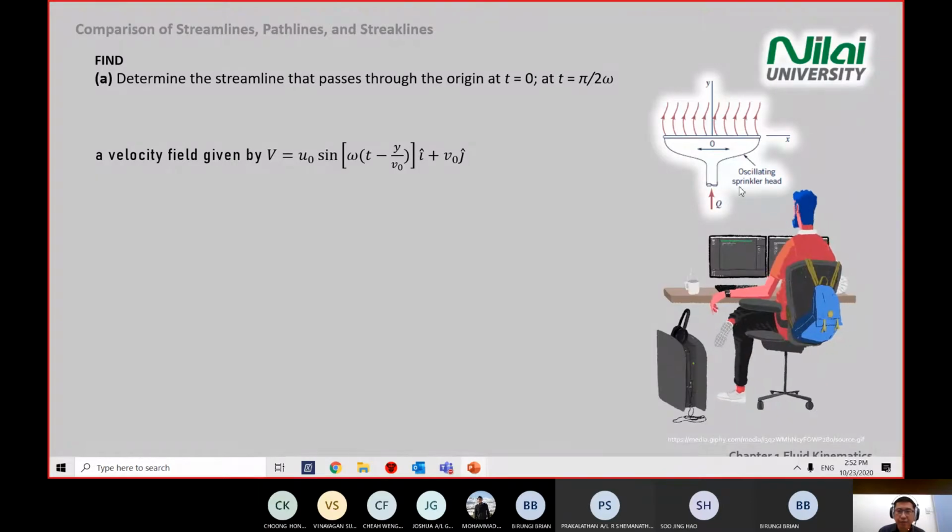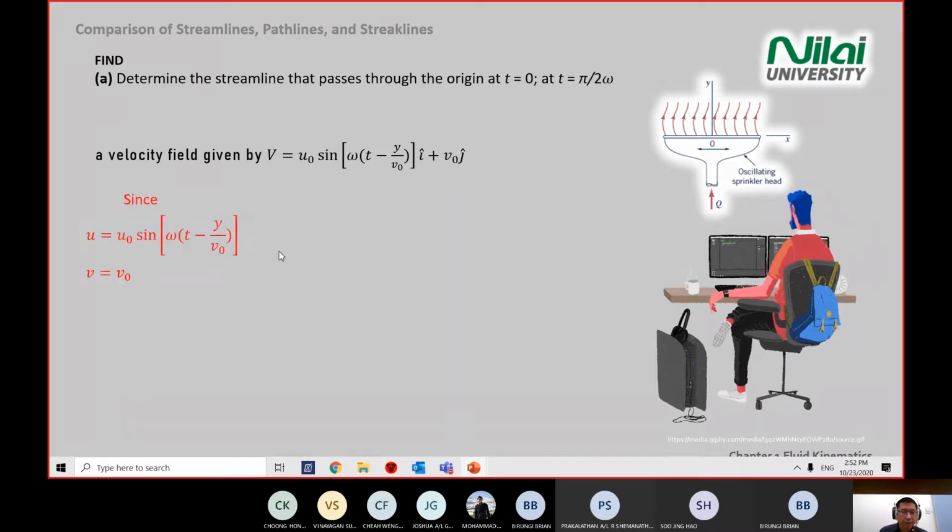If you look at the diagram here, you are given the reference axis, x and y, and the flow is from the bottom. So again, you look at the velocity field. You write the velocity field equation, v equal to as given. U not sine something, i hat means this component is in the x direction, and this is the y direction. You see j hat there.